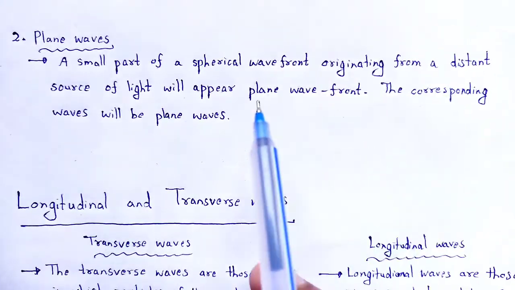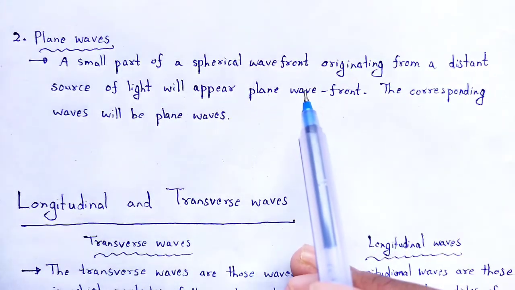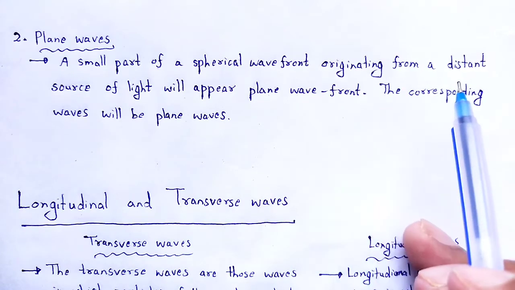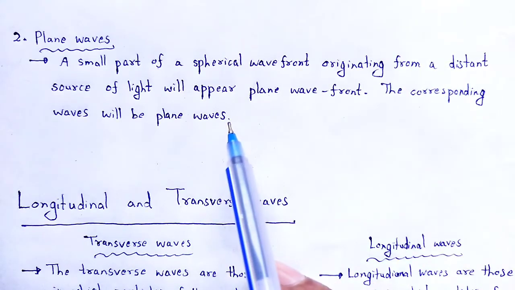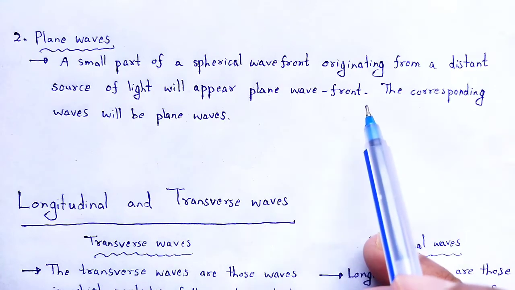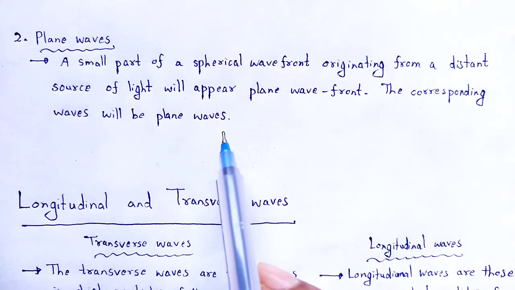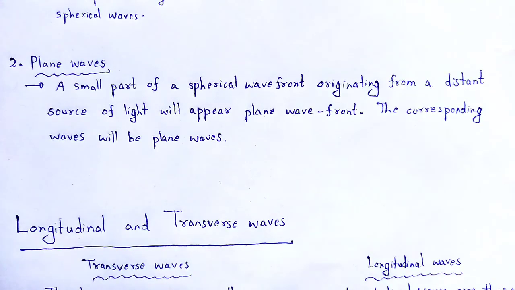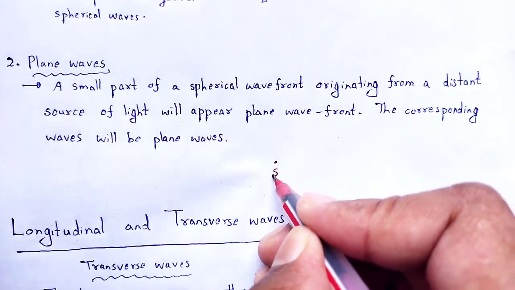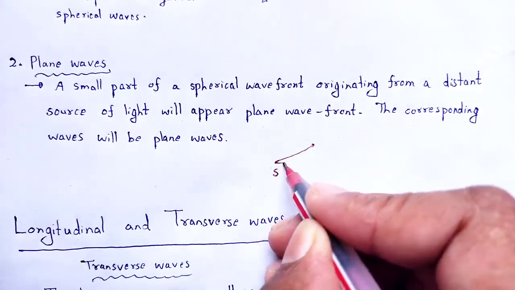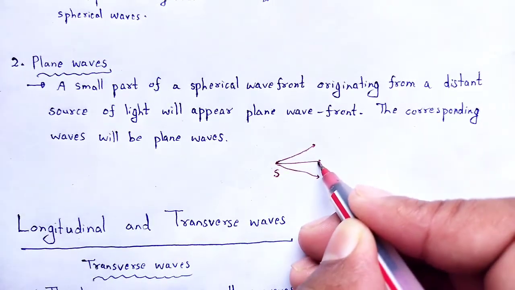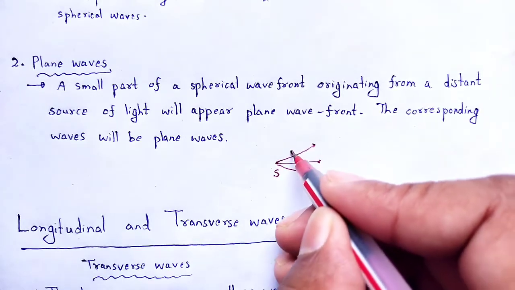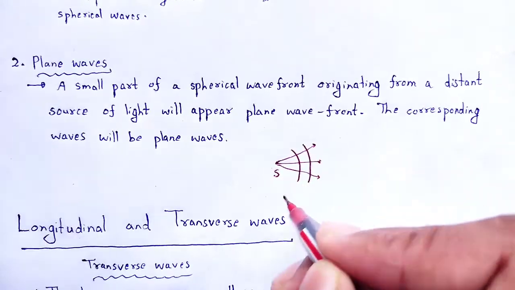Then plane waves. A small part of a spherical wavefront originating from a distant source of light will appear as a plane wavefront, and the corresponding waves will be the plane waves. That is a source S. So light waves are from this source. These are the spherical wavefronts.